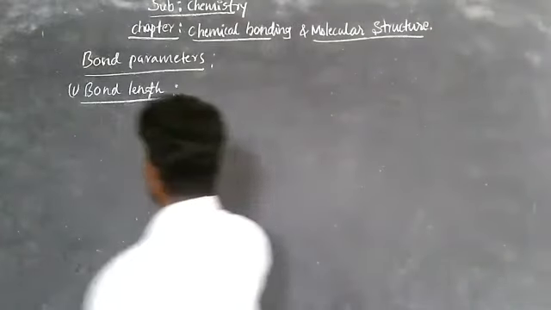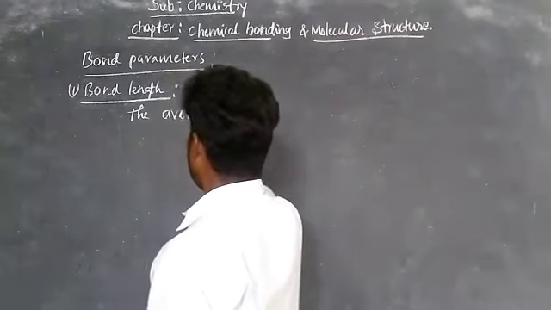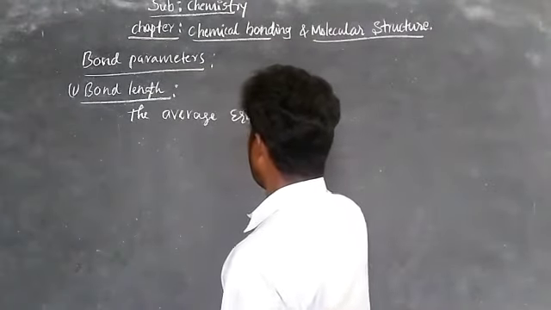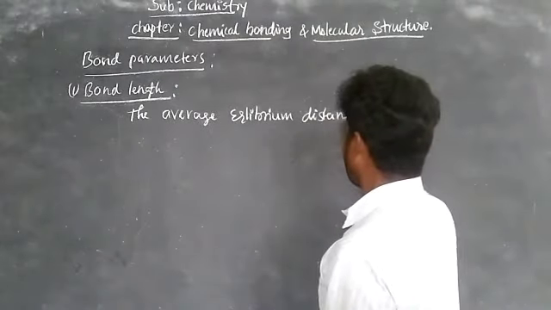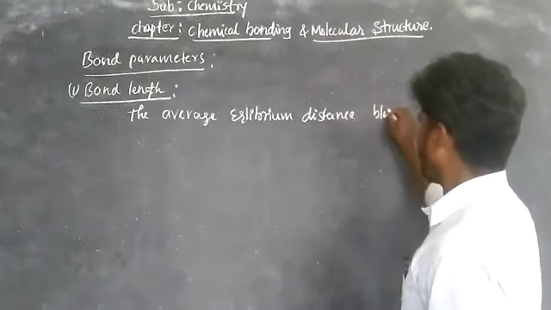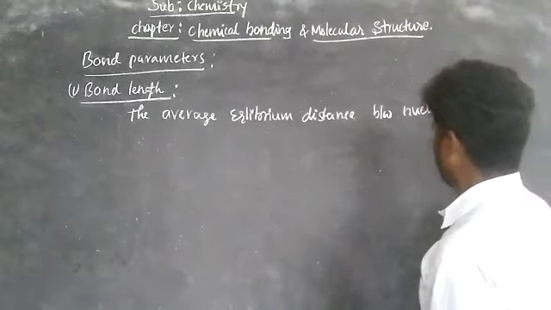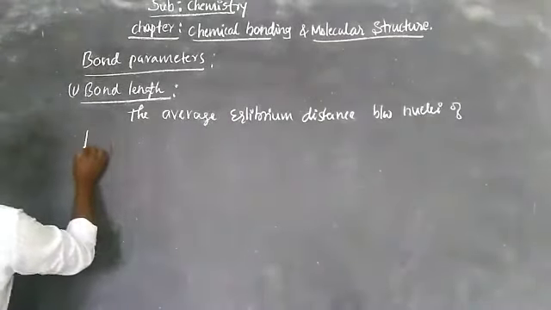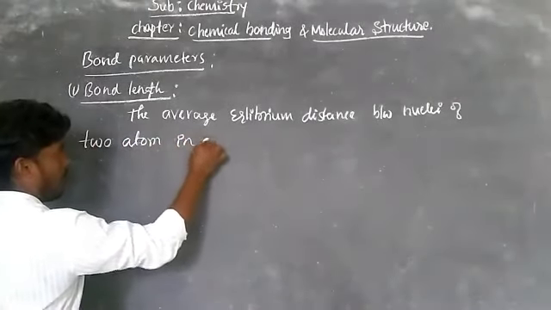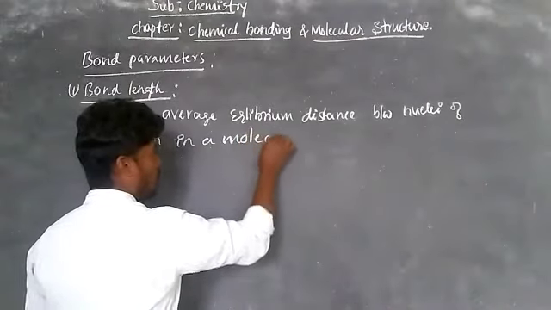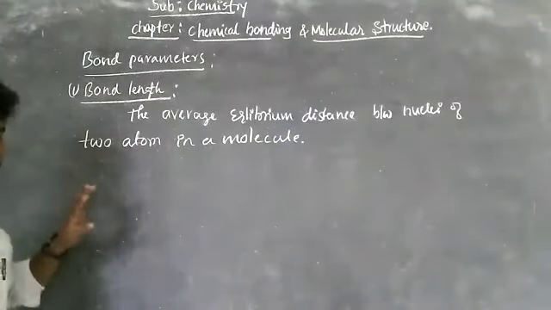That is the average equilibrium distance between nuclei of two atoms in a molecule, which is called bond length.